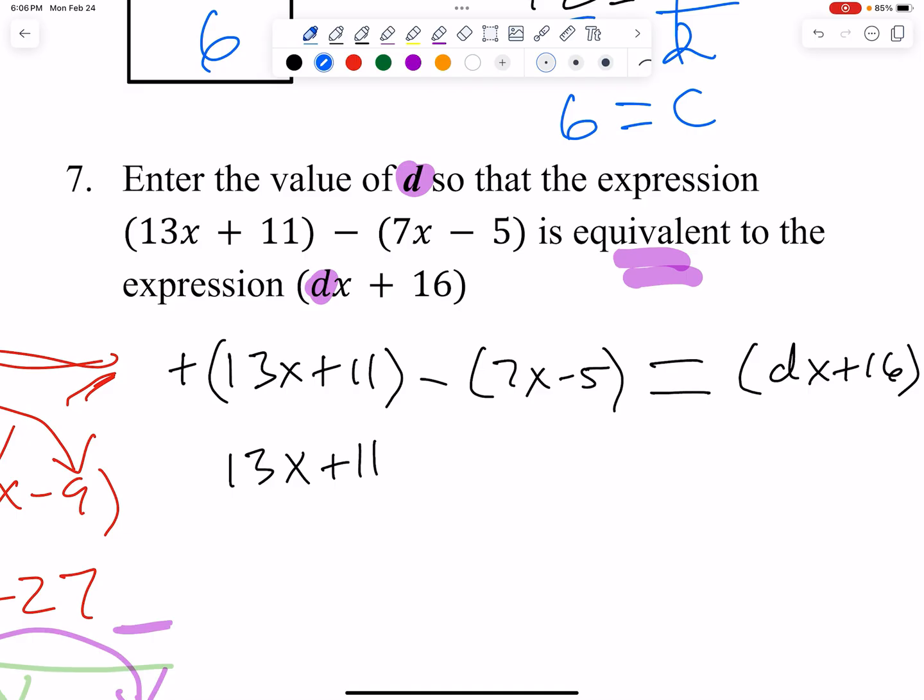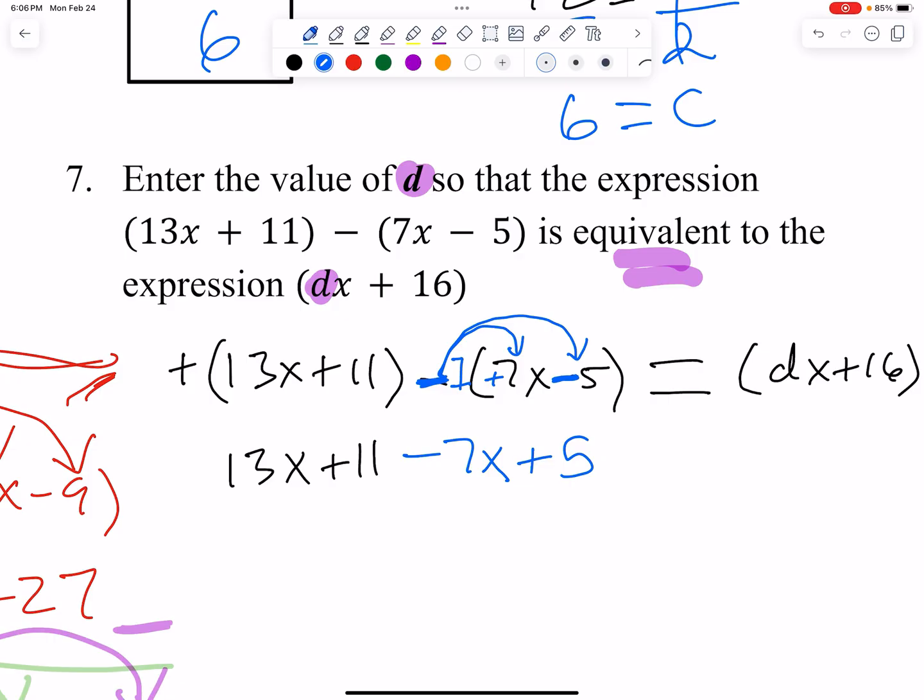Well, remember, you still technically have a 1 right there, and it's negative 1 that gets distributed. So a negative 1 times a positive 7 is a negative 7x, and a negative times a negative will give me a positive 5.